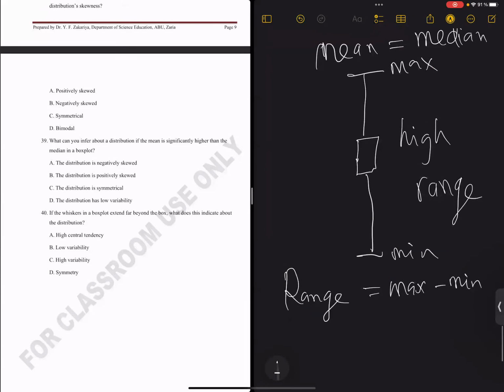So the longer the whiskers, the bigger the range. And when range is high, what does that tell you about the variability? What does that tell you about the spread in your data set? If the range is high in a data set, what is the interpretation?